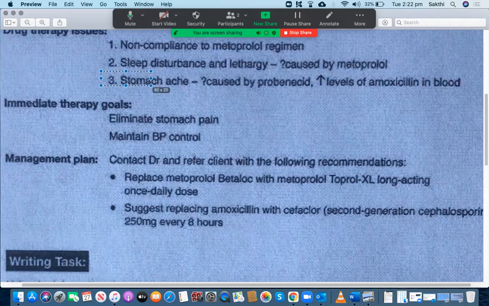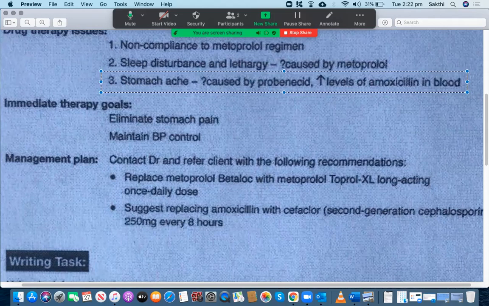But did you include the stomach ache? No, I just wrote that he complains about sleep disturbance, lethargy, and stomach ache, which is most probably due to the non-compliance of metoprolol regimen.